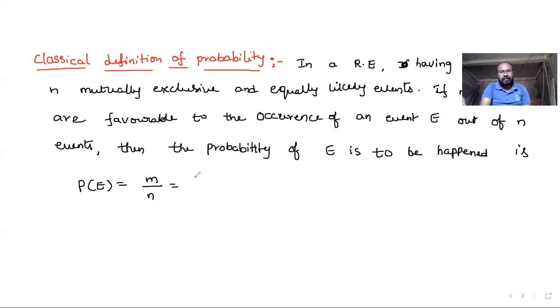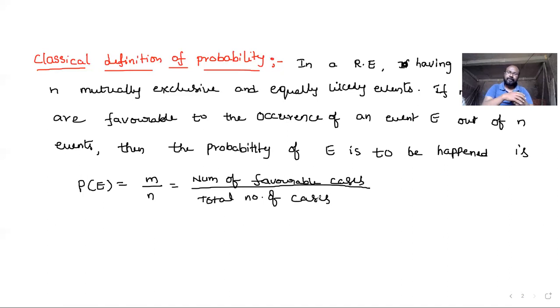That means number of favorable cases by total number of cases. So that is m upon n.